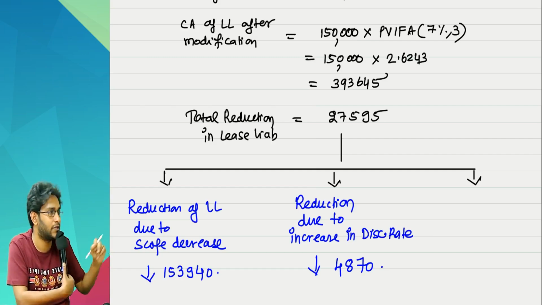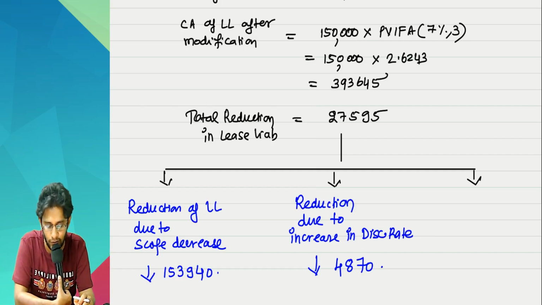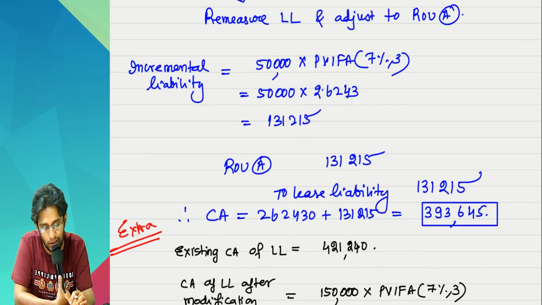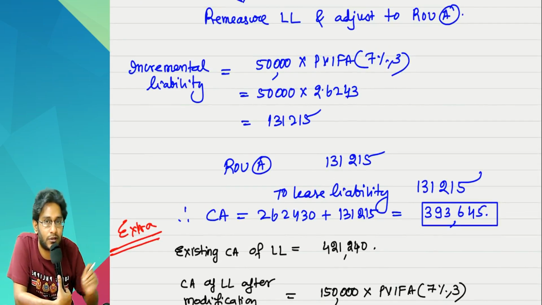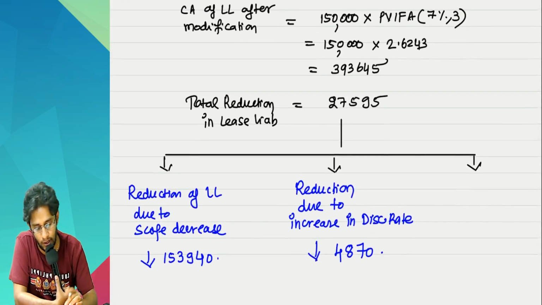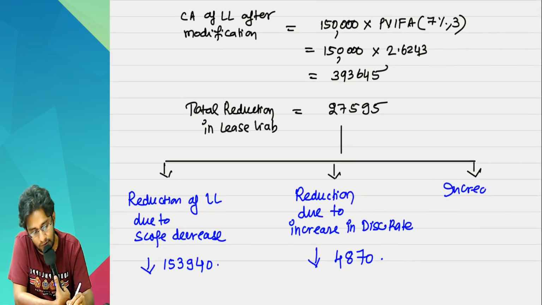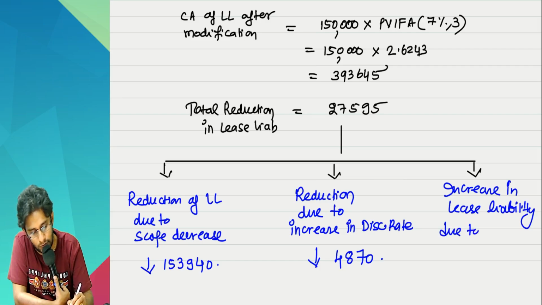Add the first one and the second one: 153,940 and 4,870 gives 158,810. Look at the last entry you wrote: ROU asset account debit to lease liability. This time there is an increase, increase in lease liability due to scope increase.